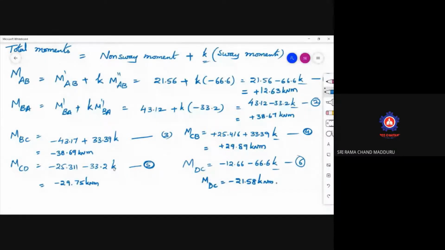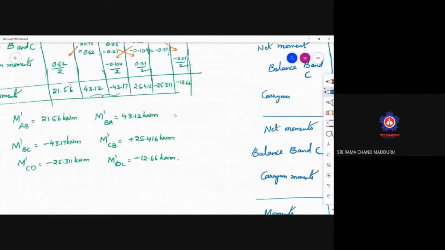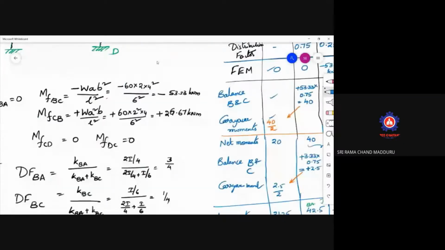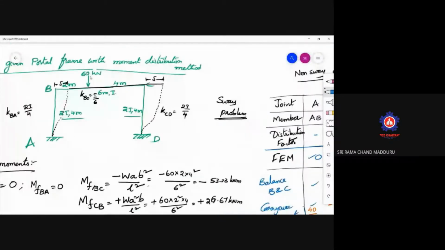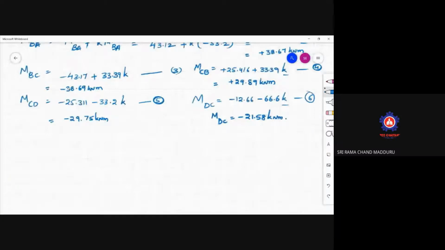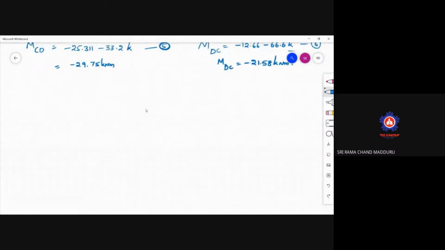So first of all, let me recall our beam with loading. A 60 kilonewton load is acting on the beam. This is 2 meters, this is 4 meters. Columns A, B, C, D don't have any loading. So now draw SFD and BMD.